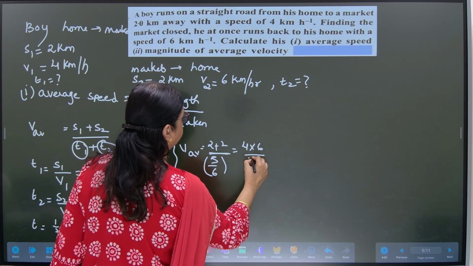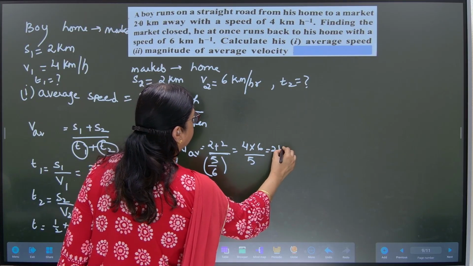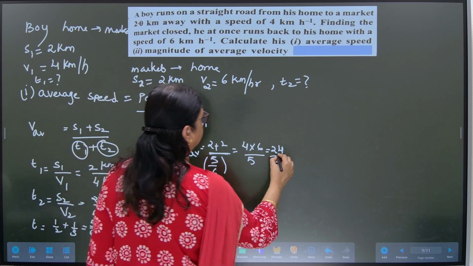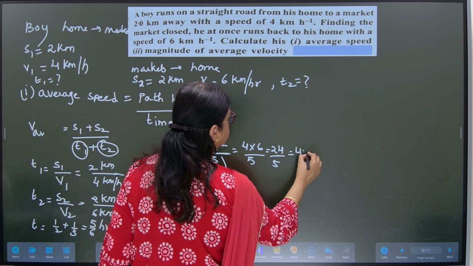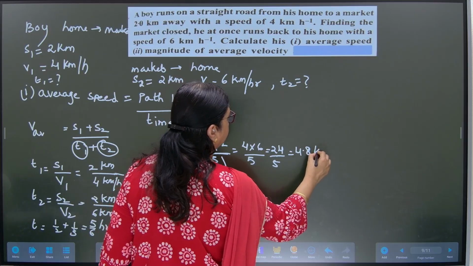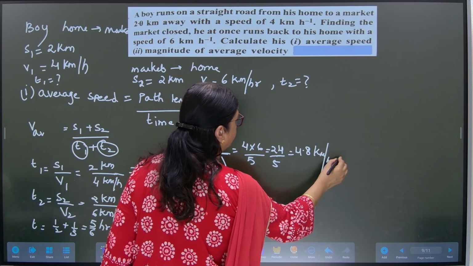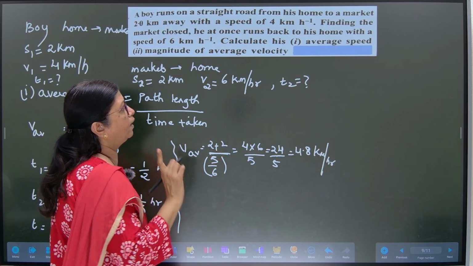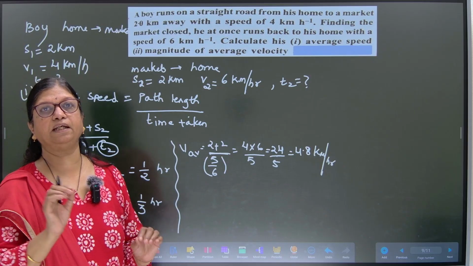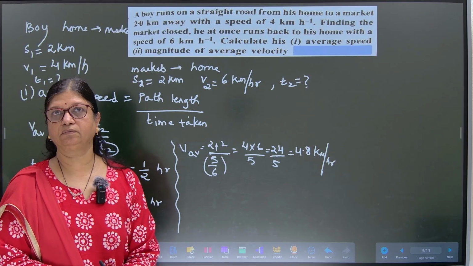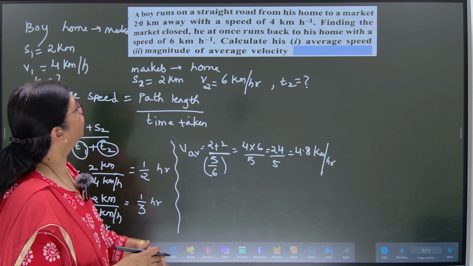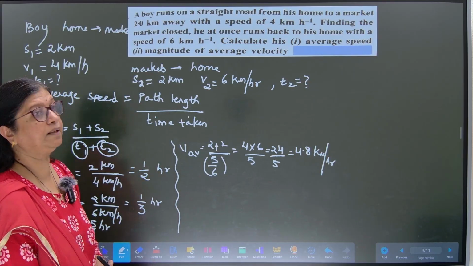Into 6 upon 5, which is 24 divided by 5, which is equal to 4.8 kilometers per hour. So my average speed first bit is ready. Clear? Okay, fine.